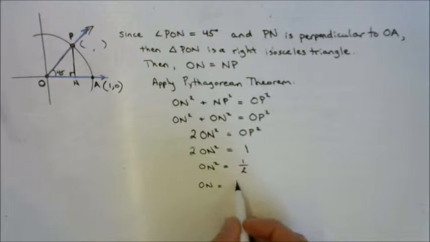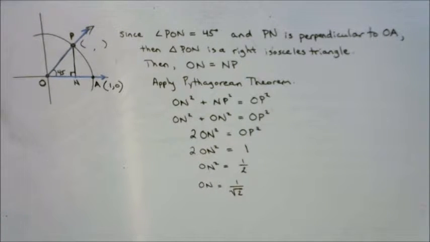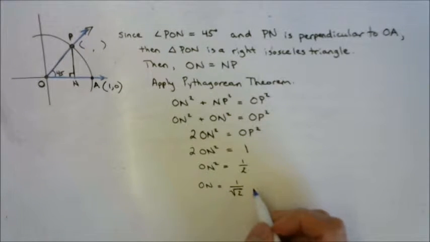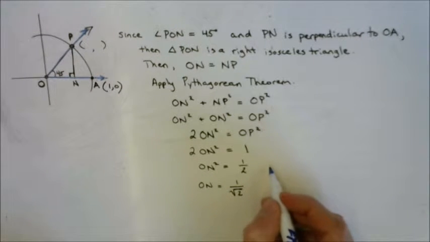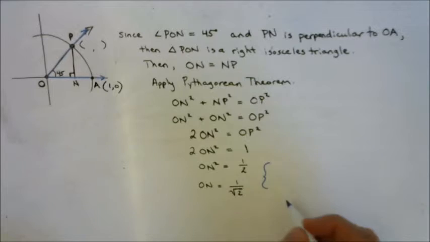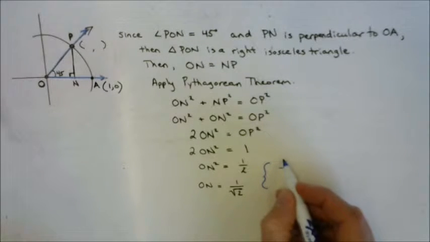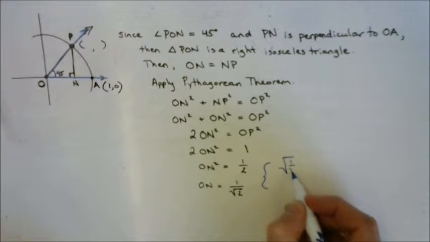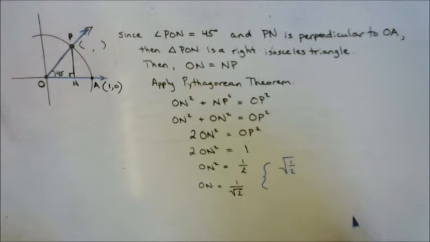So on the left, I'm going to be left with just ON. And on the right, I'll just write this and then I'll explain it to you in a second. Okay, so I wrote 1 over the square root of 2. You'll see this written a couple different ways. But whatever the case, if you did the square root of 1 over the square root of 1/2, okay?